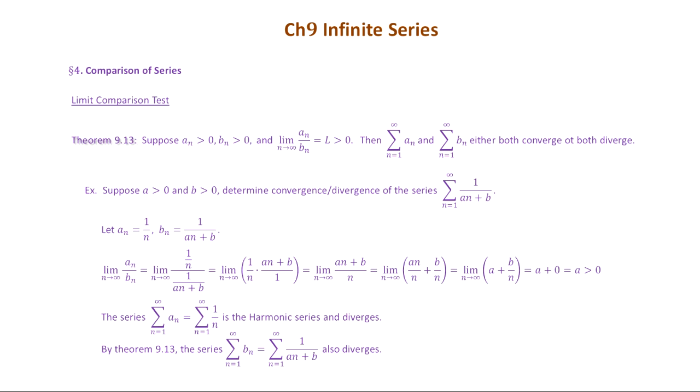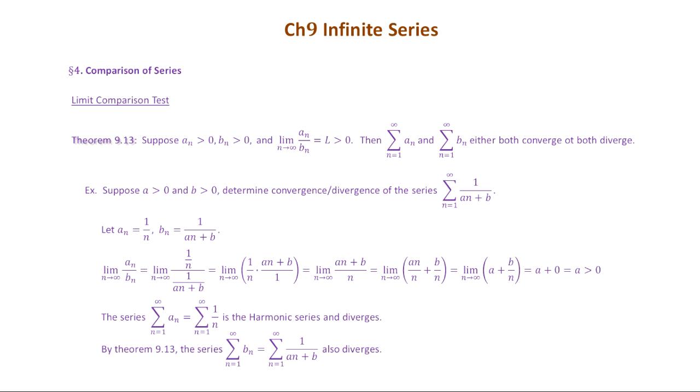So again, we're going to use the limit comparison test. In this case, we're going to let a_n equal 1 over n and b_n equal 1 over an plus b. So we're going to compare 1 over an plus b in the problem with the series of 1 over n, as we know. That one is the harmonic series, and it is divergent. Okay.